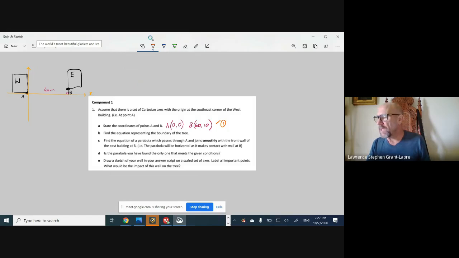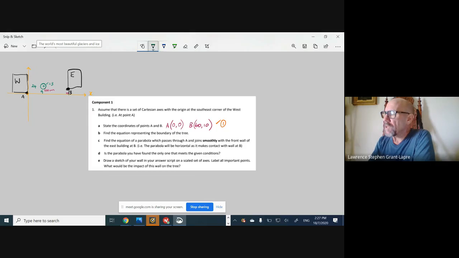Find the equation represented by the boundary of a tree. Well, the tree was placed somewhere in this position, 24 meters across and 9 meters up, and it had a radius of 3.